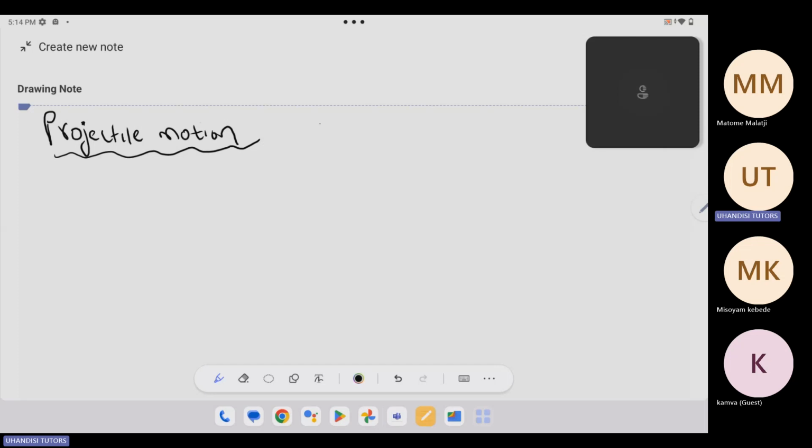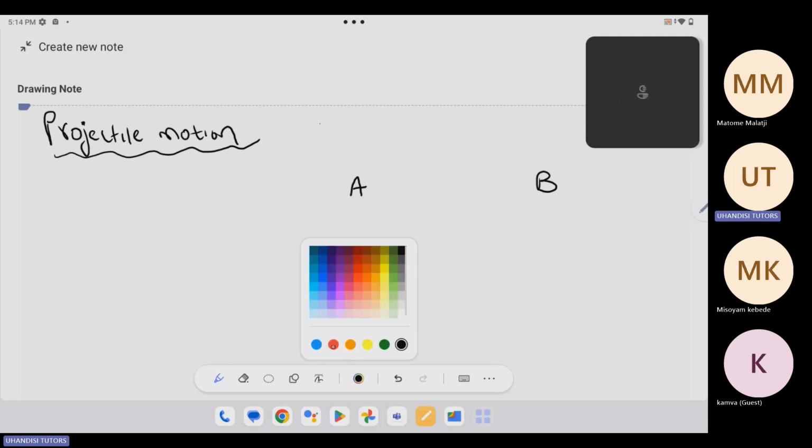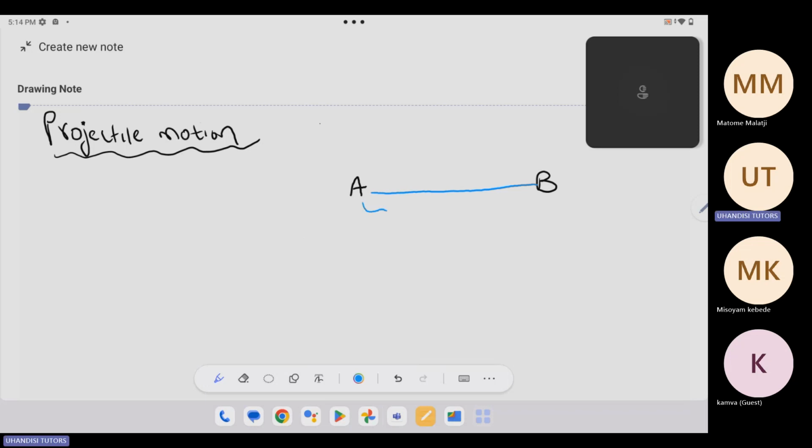So let's say that you have 2 points, point A and point B, and you want to move from point A to point B. There are multiple ways in which you can get to point B. You can either move in a straight line, or you can take a longer route and then get to point B. Point A was your starting point, and point B is your destination.